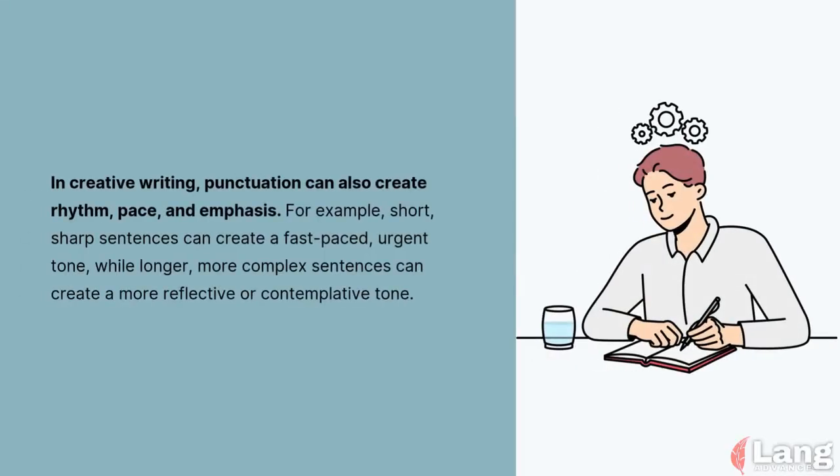In creative writing, punctuation can also create rhythm, pace, and emphasis. For instance, short, sharp sentences can create a fast-paced, urgent tone, while longer, more complex sentences can create a more reflective or contemplative tone. Using punctuation can also affect the reader's experience of the writing, such as creating pauses or building tension.